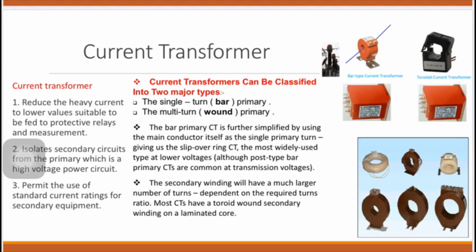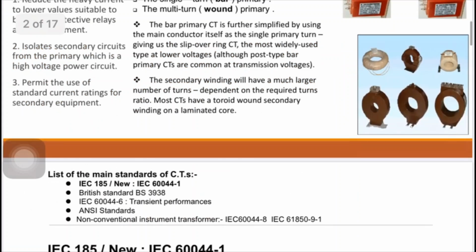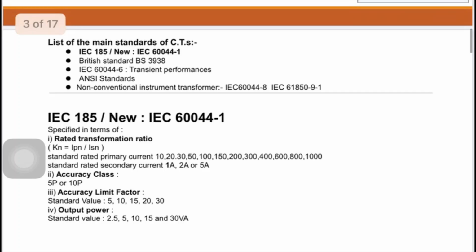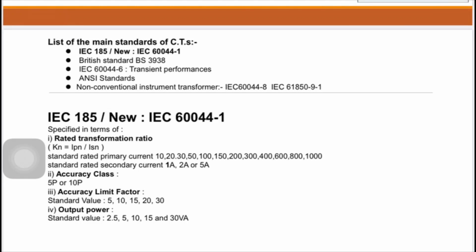The only major difference is that in the single turn bar type there is only one single bar in the primary and multiple secondary windings available. And these are the general things about the current transformer.